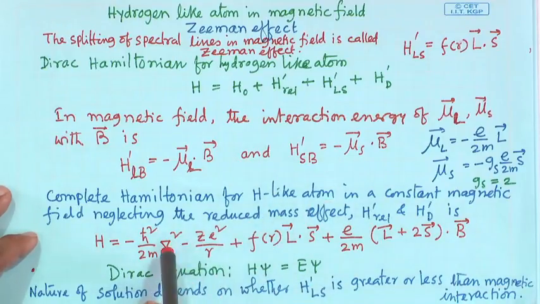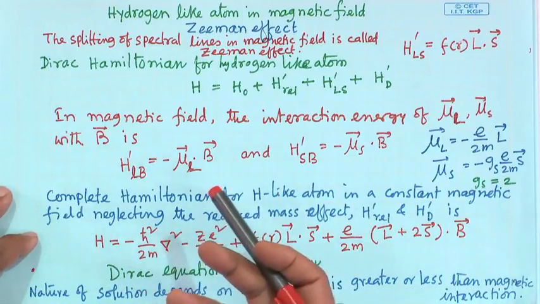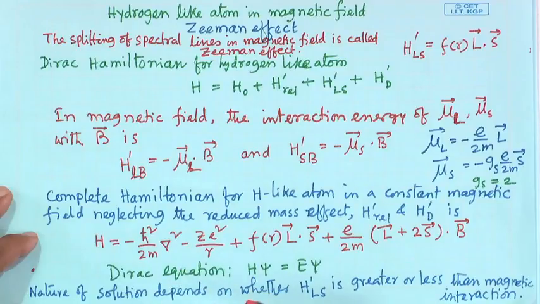Now you have the Hamiltonian for your system, a hydrogen-like atom in a constant magnetic field. One has to solve basically the Dirac equation, H psi equal to E psi. The nature of the solution depends on the H_LS term.